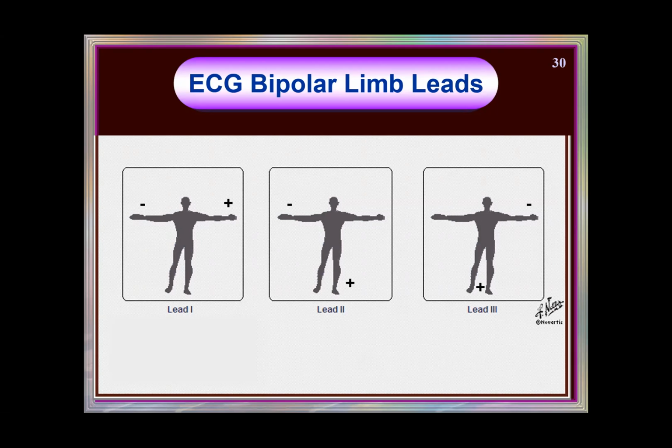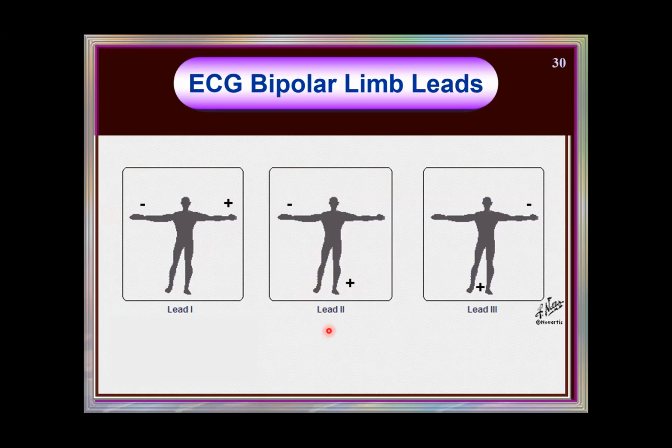Imagine the man as an inverted triangle, where the bottom point is the left foot, which is the lower part of the heart, and the two ends of the inverted triangle are the left and right arm. So for lead 1, this is the left arm and this is the right arm. And I told you foot means only the left foot.